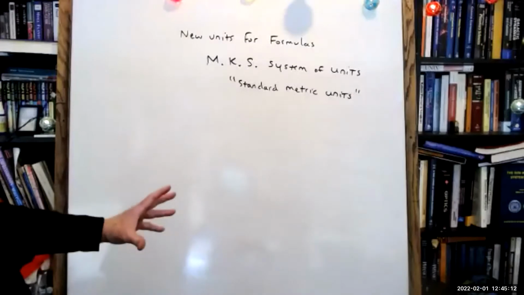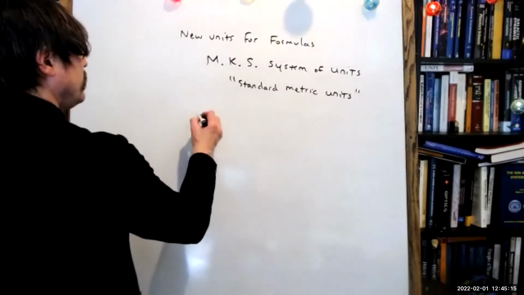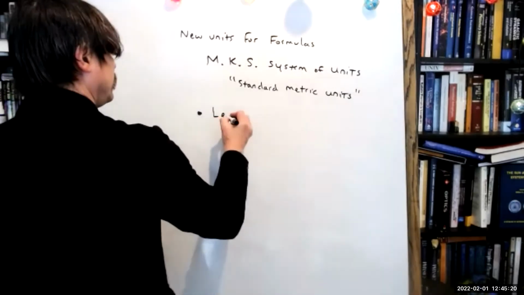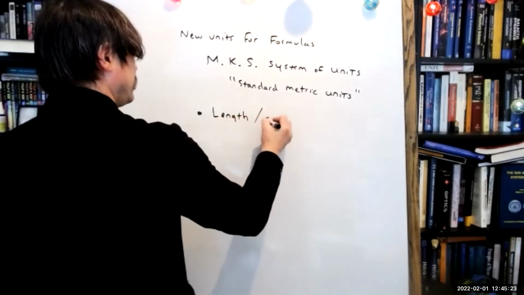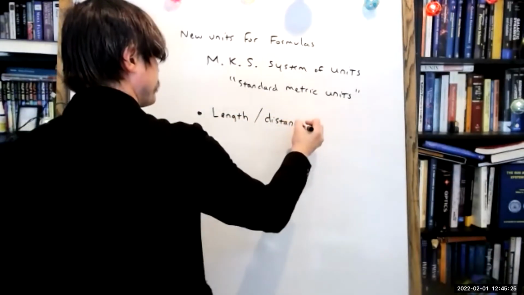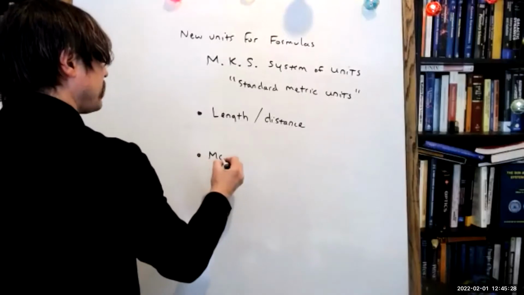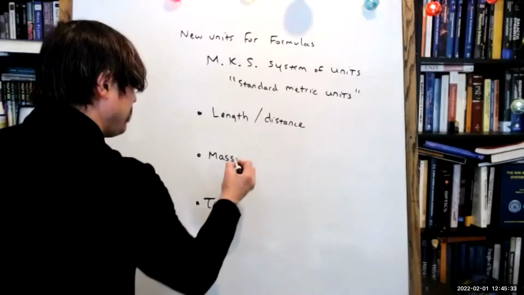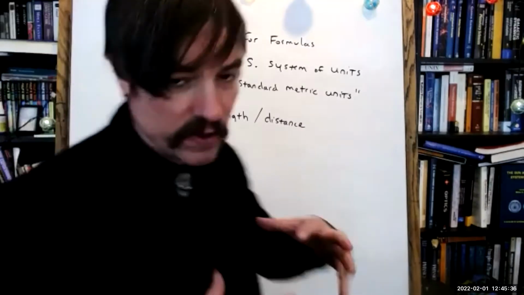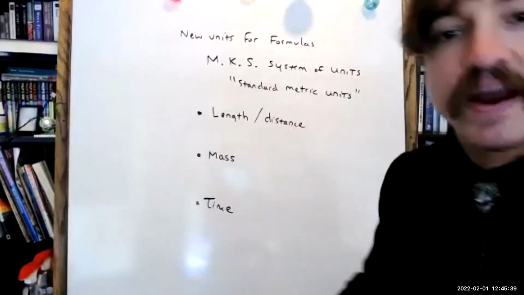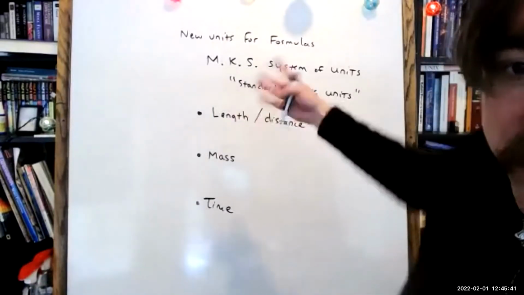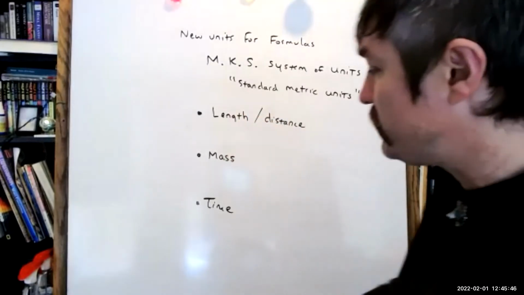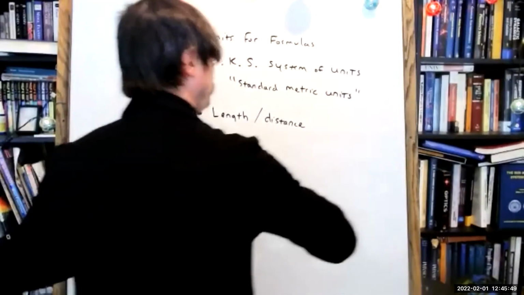When we deal with physics concepts, at least in terms of mechanics, 3 of the fundamental quantities that we consider are length or distance, mass, and time. And many complex quantities like forces or energy can be broken down into combinations of length, mass, and time. And the standard unit that we're going to use for length will be the meter.